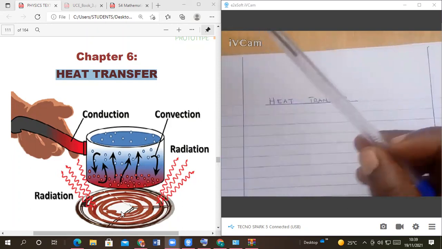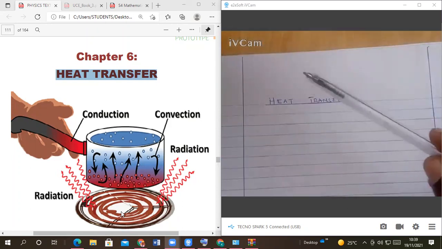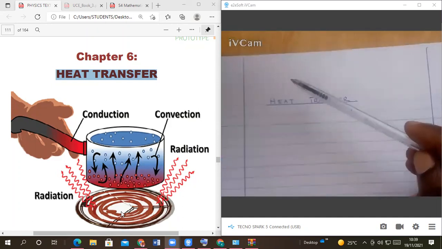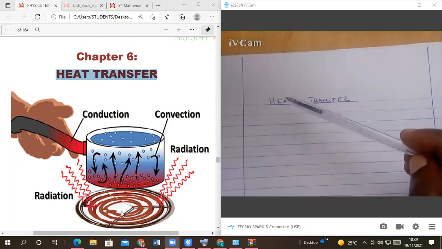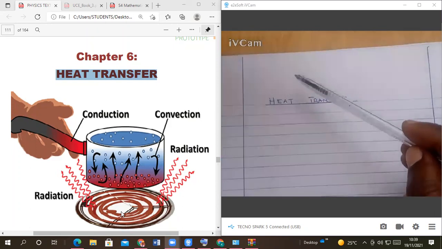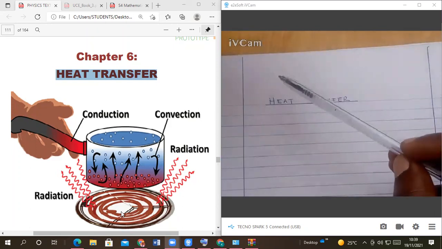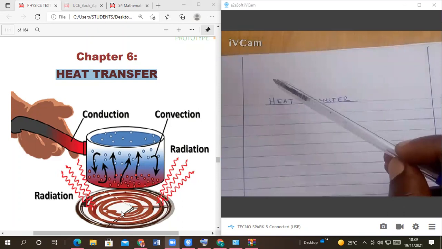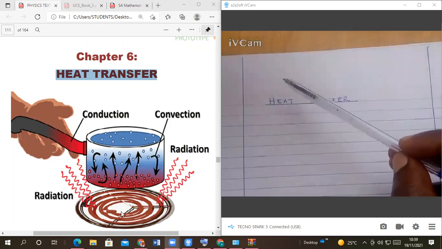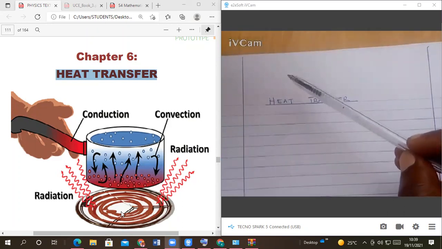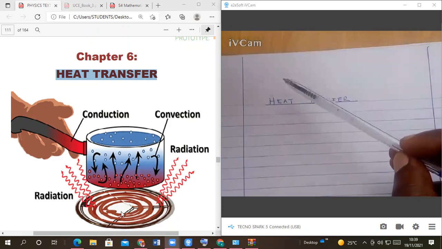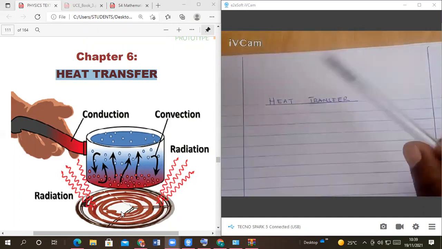Now if I leave that nail there on the flame for something like 1 hour or beyond that, what will happen to the whole of the nail? It will be very hot. So now, what is heat transfer?